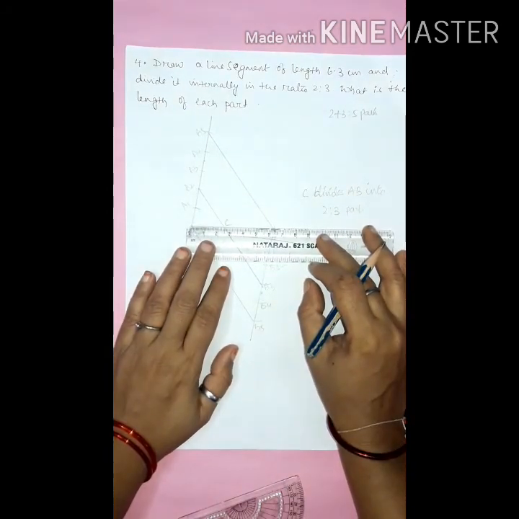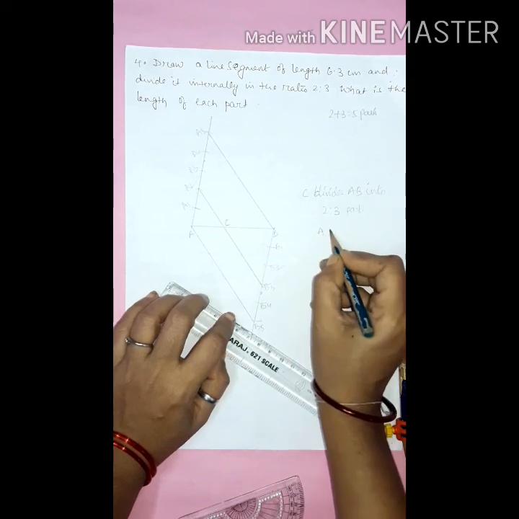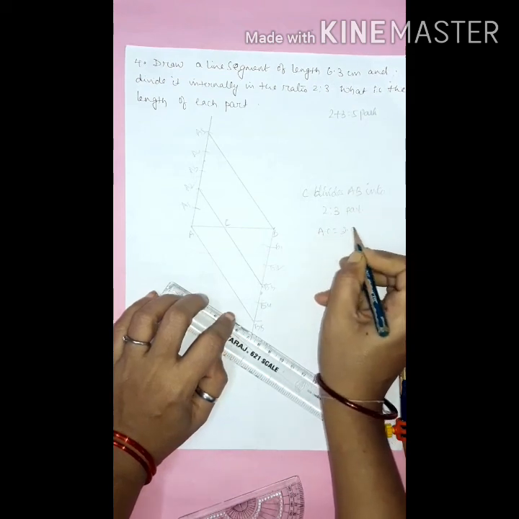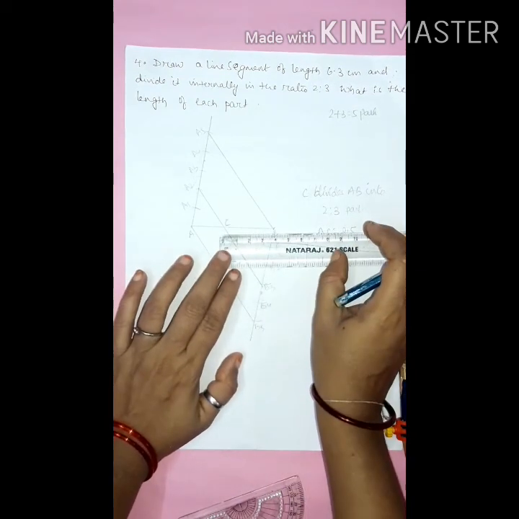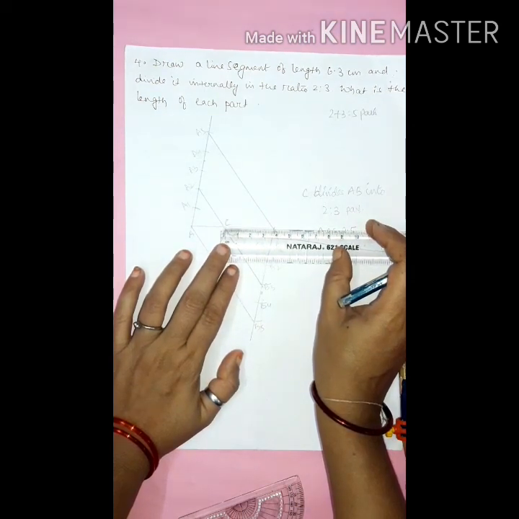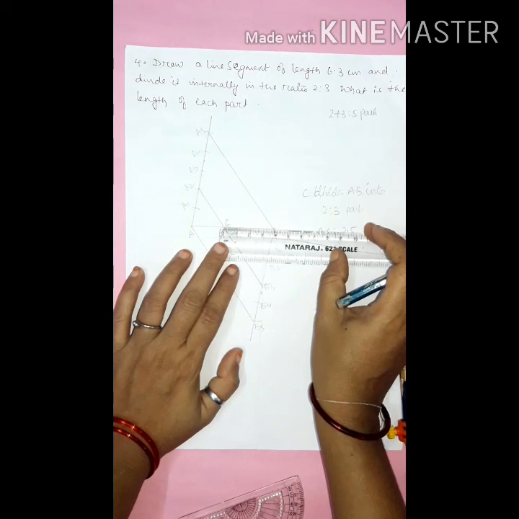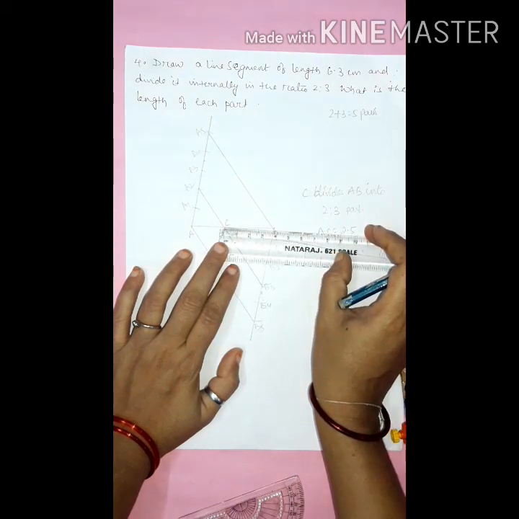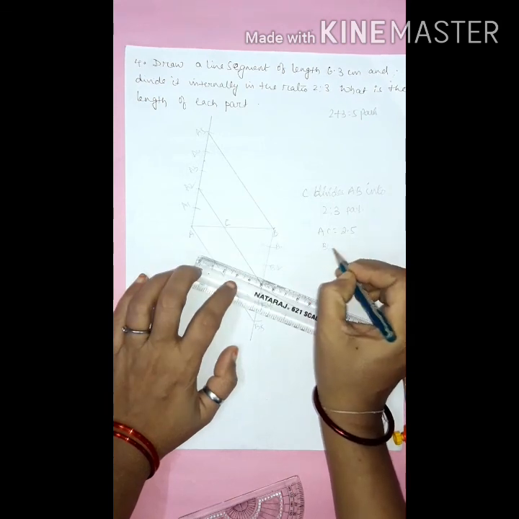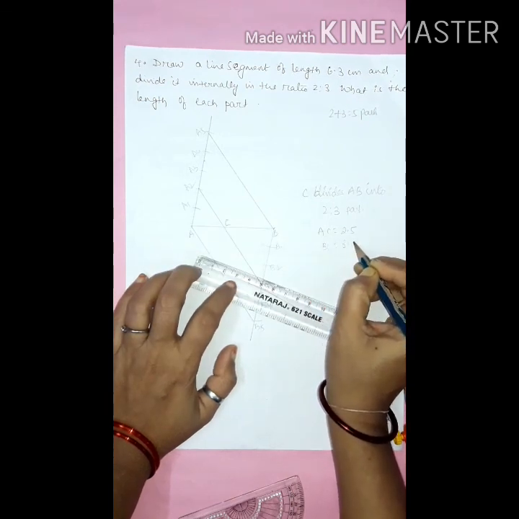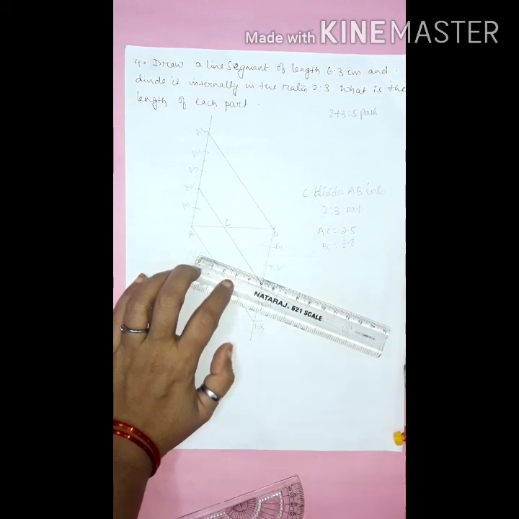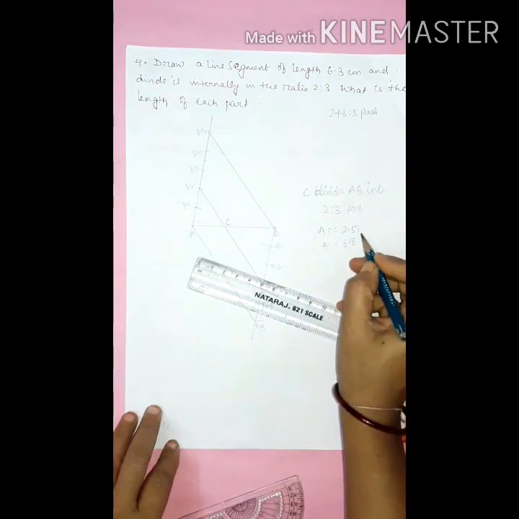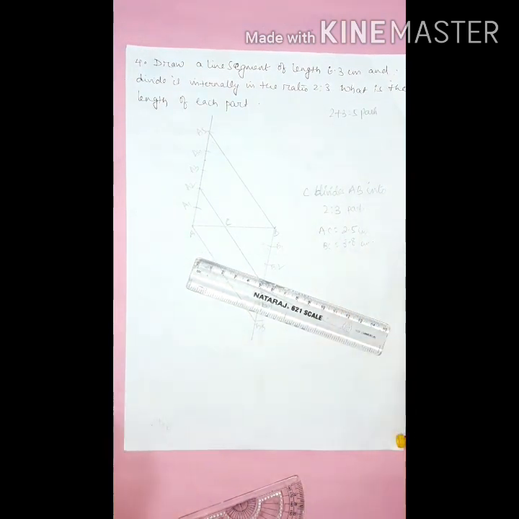AC is equal to 2.5 and BC is equal to 3.8. Okay, so centimeter. This is the answer.